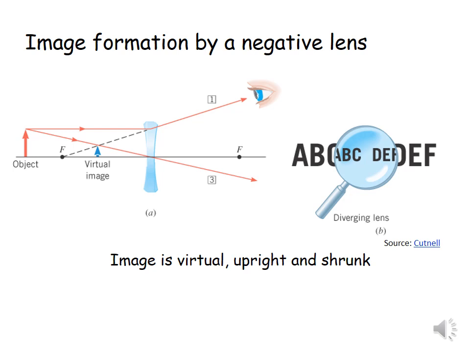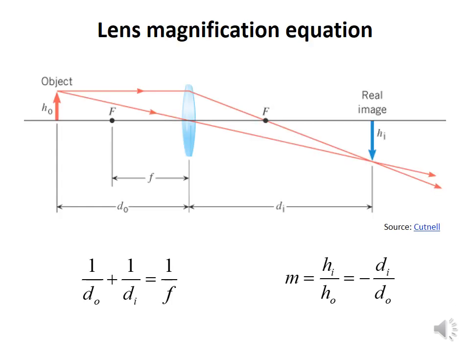So you can draw the image here. Since the object and the image are located on the same side of the lens, the image here is virtual. And the properties of the image here are virtual, upright, and shrunk.